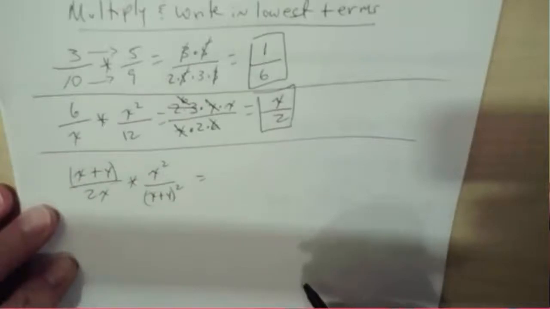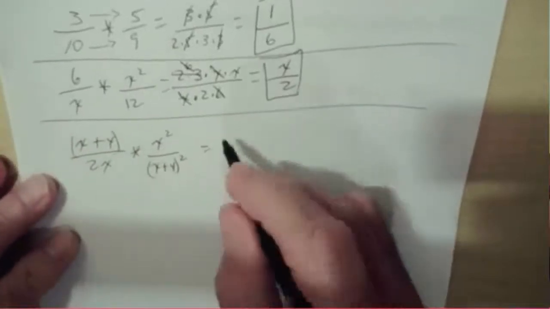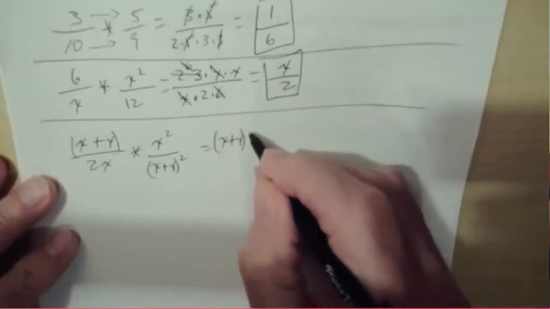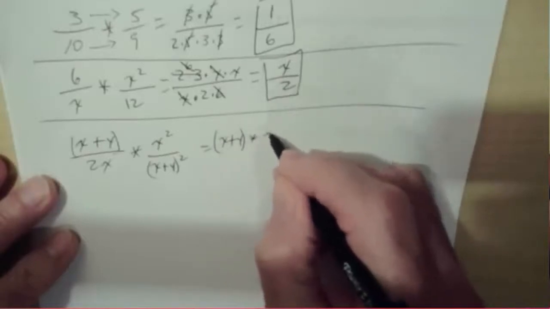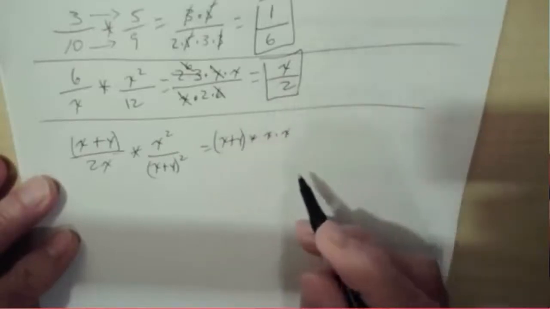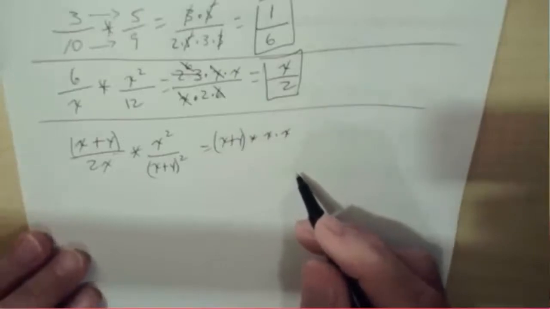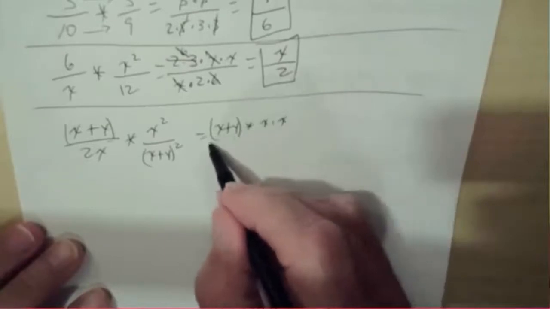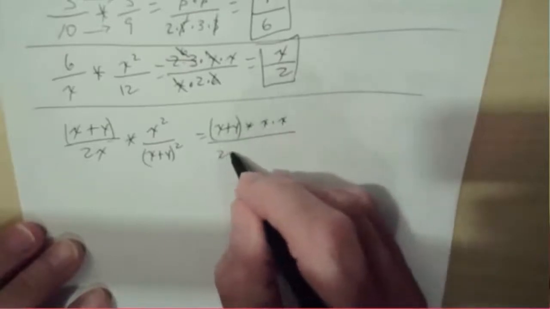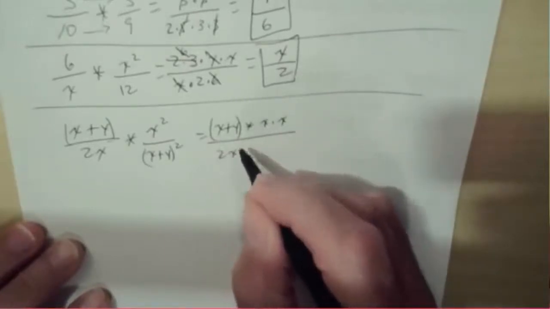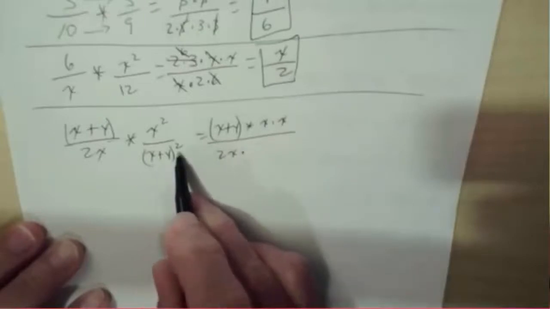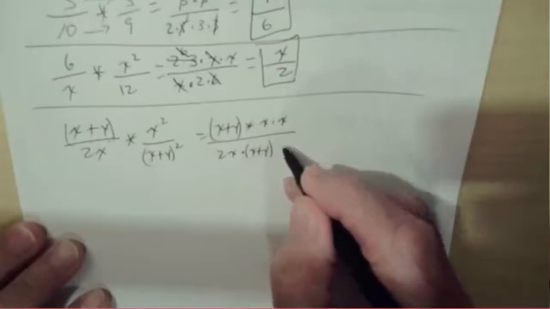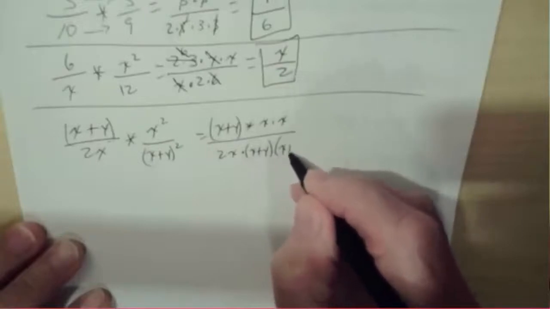So we have x plus y times x, and in the denominator, we have 2x times, now x plus y squared means x plus y times x plus y. Have to be in parentheses there.